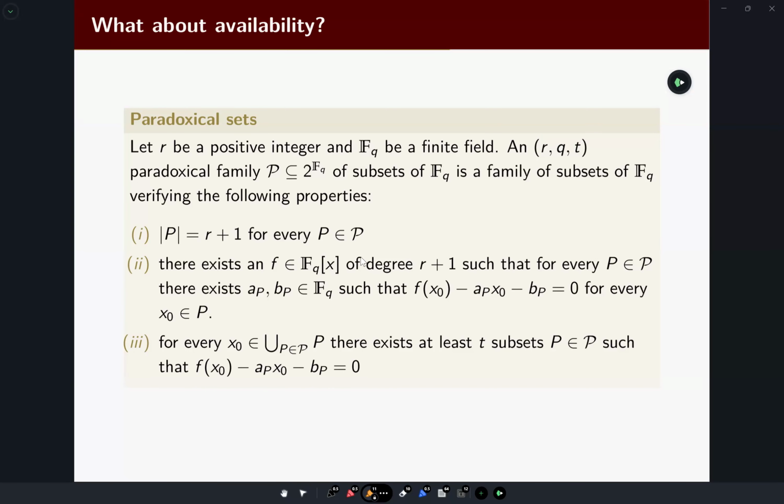What happens if, instead of asking for a polynomial to be constant on a locality set, we allow the polynomial to be linear on the locality set? Basically, if we allow the polynomial to be linear, there might exist different polynomials such that we have this equality satisfied.